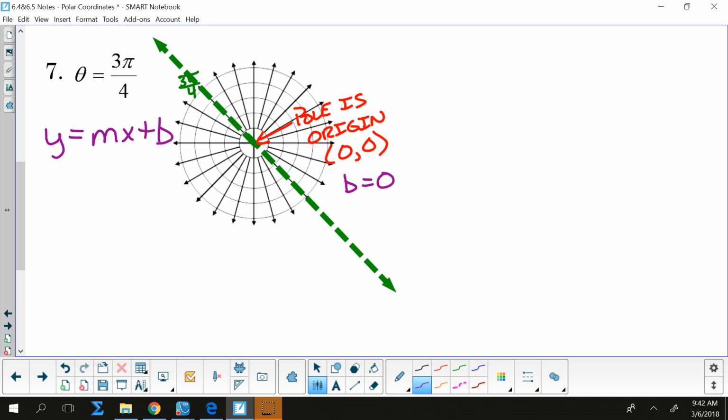Way back in Algebra 1, we said rise over run, right? But in order to do that, we need 2 points, because I need to rise to the other point, and I need to run to that other point. Do I have 1 point that we went through? Yes. Do I have a second point that we go through?